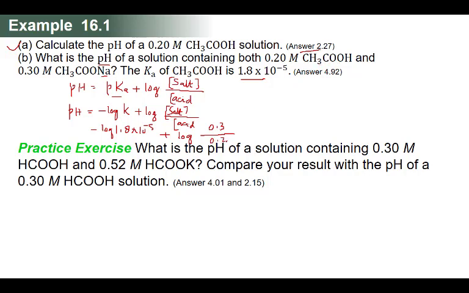You have to use the calculator and solve this separately. First find the negative log of Ka, then find the value of log salt upon acid. Solve the two parts separately and then make the total. Your answer will be 4.92. Check the answer yourself with the calculator.